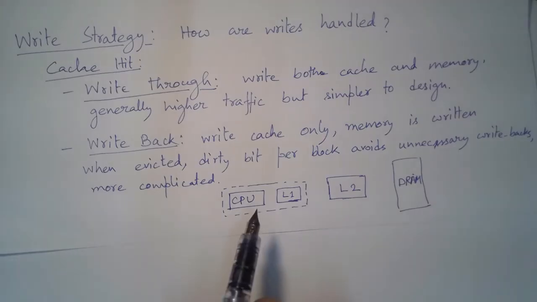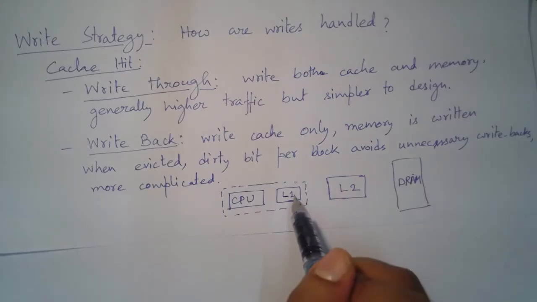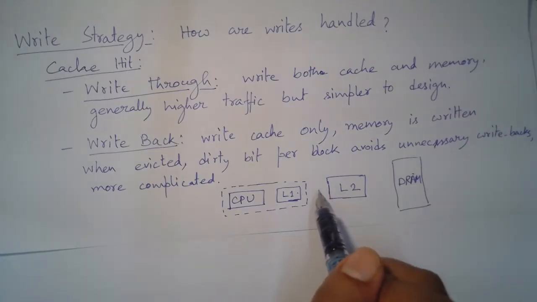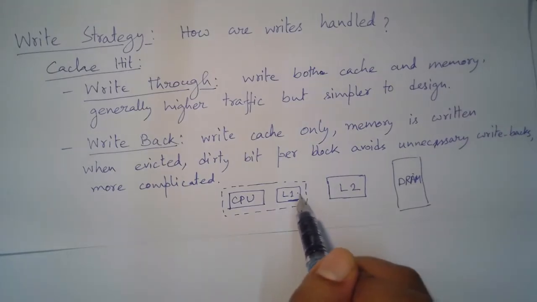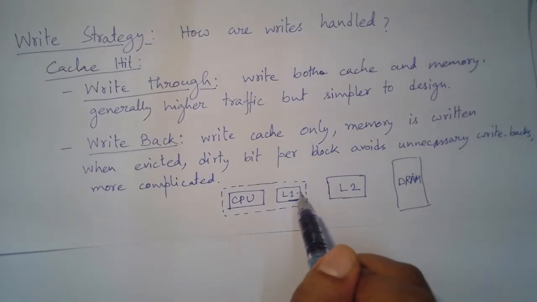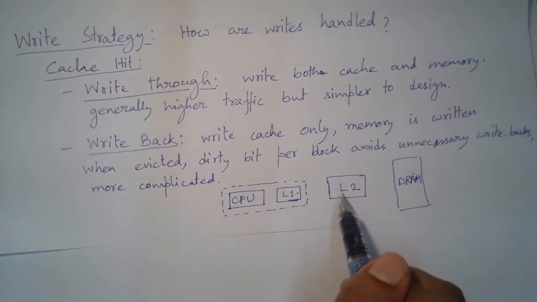You don't want that. But writing the data into L2 is very easy, because they are on the same chip, and whatever update L1 gets can be reflected in L2 very easily.